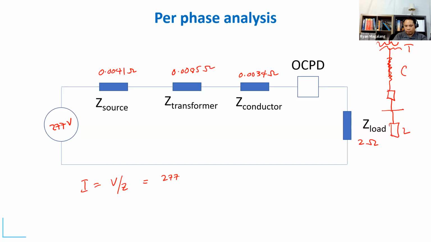That's 277 volts divided by the summation of your different impedances: 0.0041, 0.0085, 0.0034, and then 2 ohms. So the resultant current, if we do this calculation, would be 137 amps.